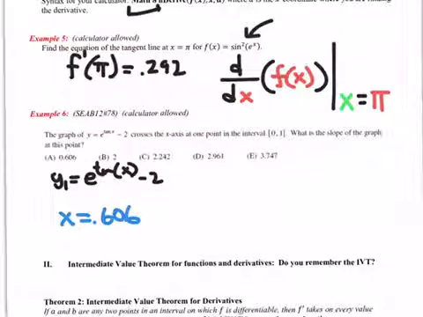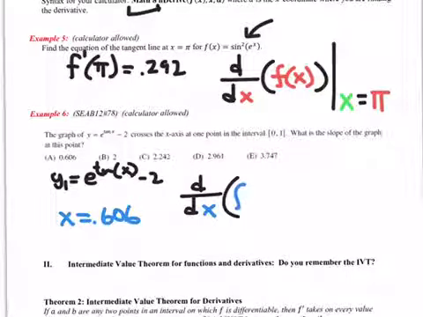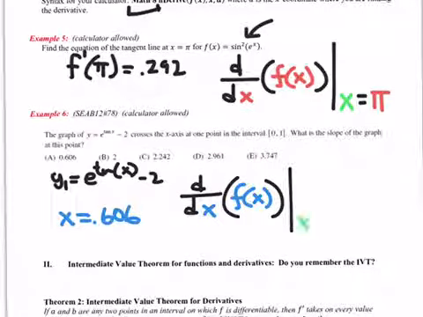Now from there, what we want to do is, like I just did, we're going to type in dx, input x there, and type in f of x. And f of x is e to the tangent x minus 2. And then we're going to evaluate that, and this will auto-populate as x. And we want to type in 0.606.